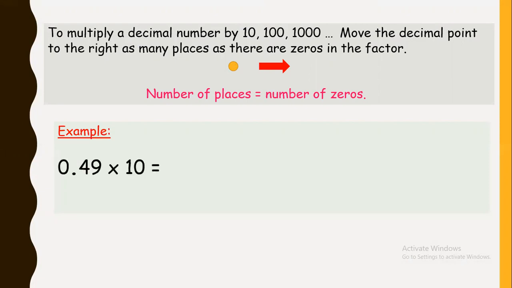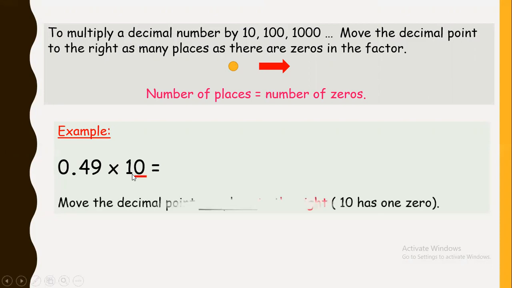0 and 49 hundredths times 10. The 10, how many zeros does it have? It has 1 zero. So we move the decimal point one place to the right because the 10 has only 1 zero.